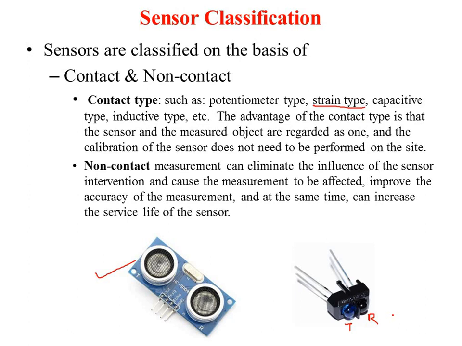The best example of this IR type of sensor is the toll. Such kinds of sensors are used there. When a vehicle passes through, here it is a transmitter on this end and here it is a receiver. When the vehicle passes through, at that time the toll gate will automatically get lifted up. So this is what the non-contact type of sensors are. This is the example.